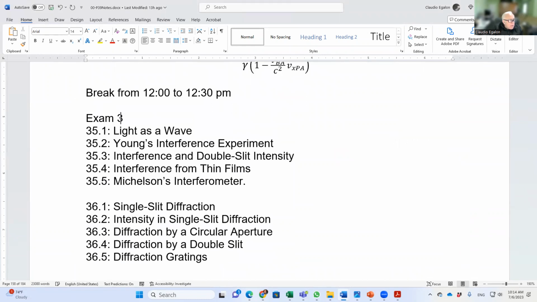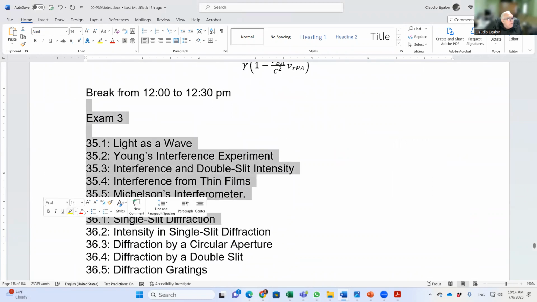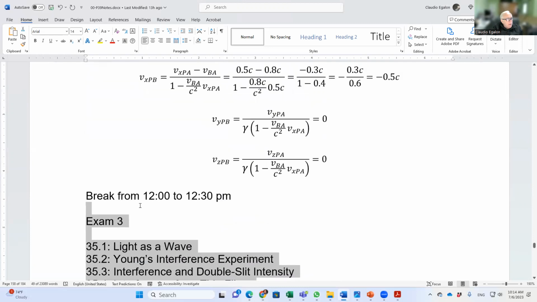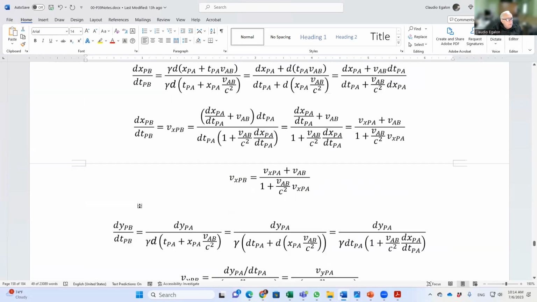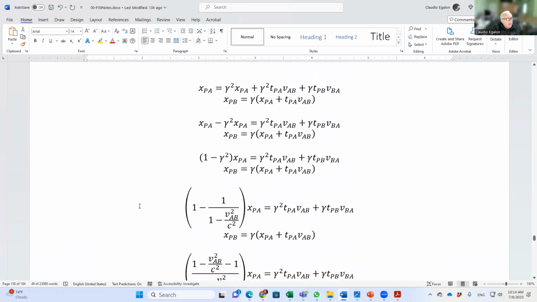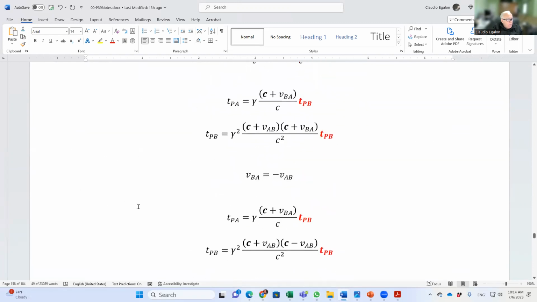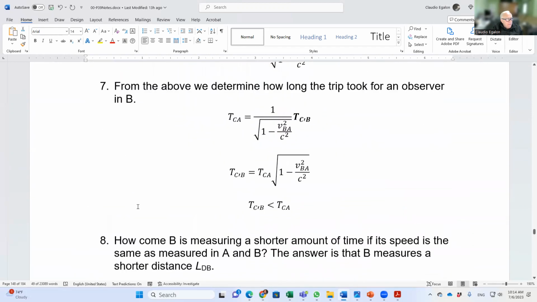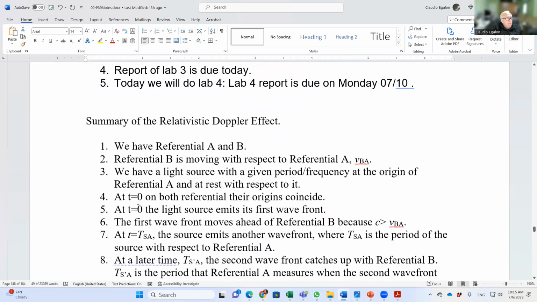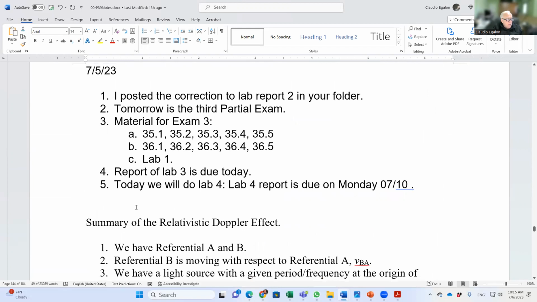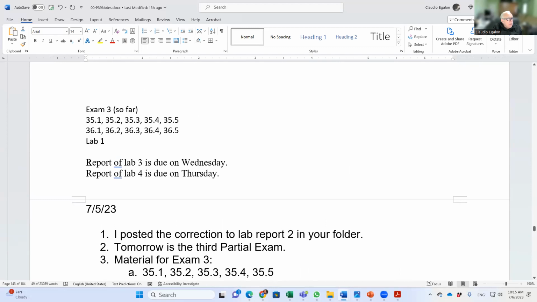Exam 3, and lab 1, and then I combine everything. Material for exam 3, yes, we have it here.